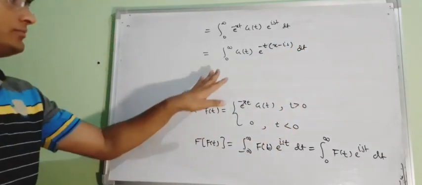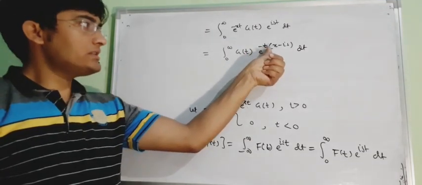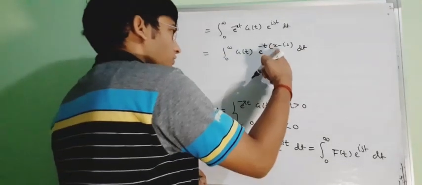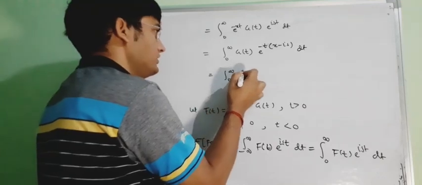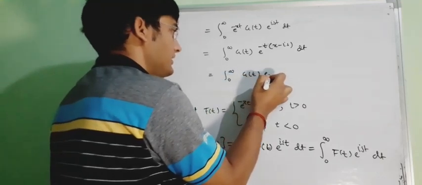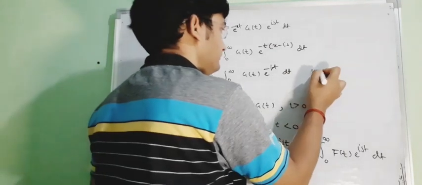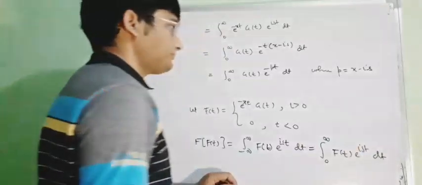So we will get this term g(t) e to power minus t(x minus is) dt. If we put this term as p, then this is equal to g(t) e to power minus pt dt, where p is equal to x minus is.